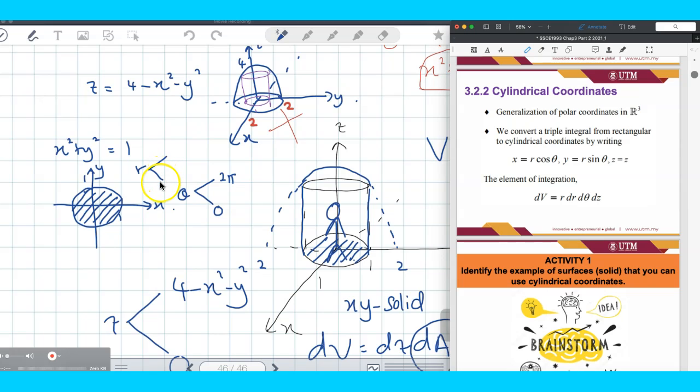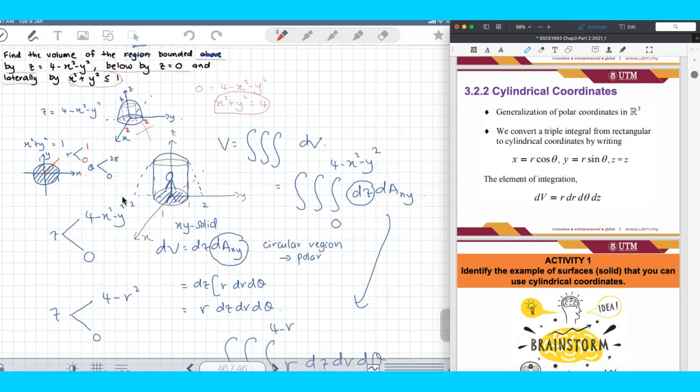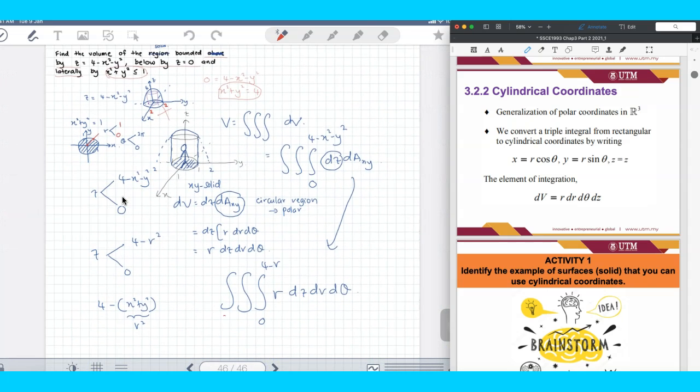Exactly as in the double integral. You have to draw a line starting at the origin. You can see that the origin is part of the circle. So your r starts at 0 and the highest r is at 1. So you have theta from 0 to 2 pi and r from 0 to 1.